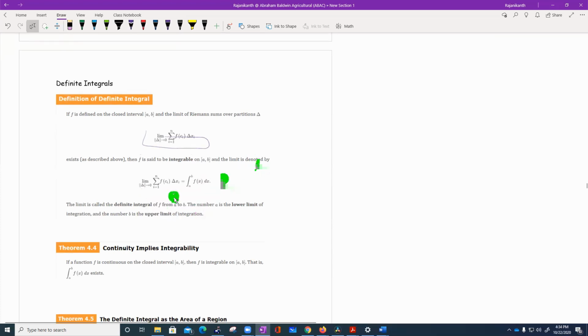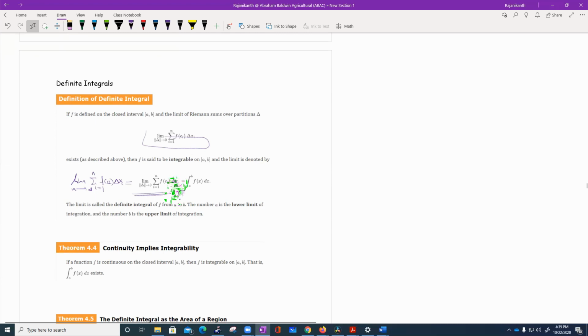Whenever we find the area, this is equivalent to writing the limit as n goes to infinity of the formula we had earlier for the area, the same notion. Now remember, in the Riemann sum the length of the interval may be different for each subinterval, but normally we keep this as a constant value.